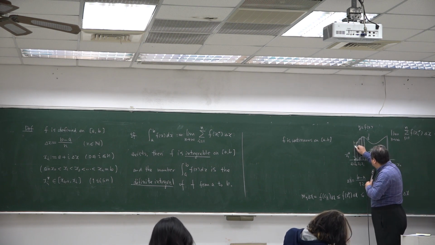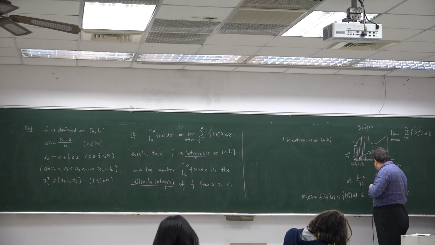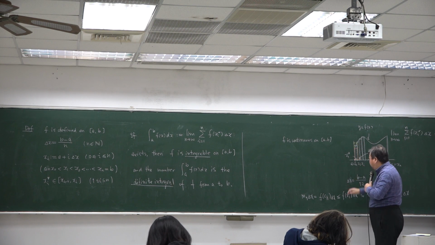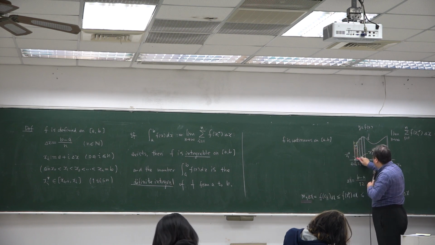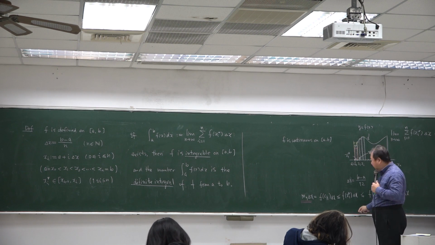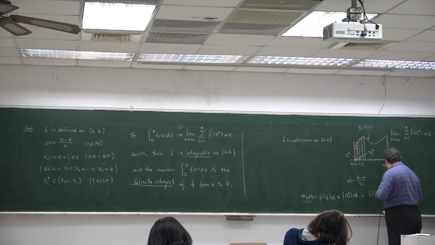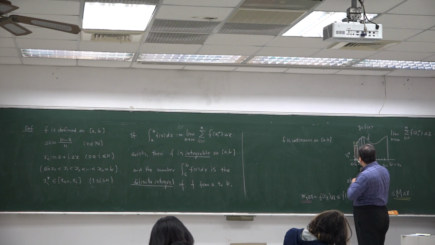This means this area is between the area of this rectangle and the area of this rectangle, because this is the red area, the minimum, and this is the area of this one.